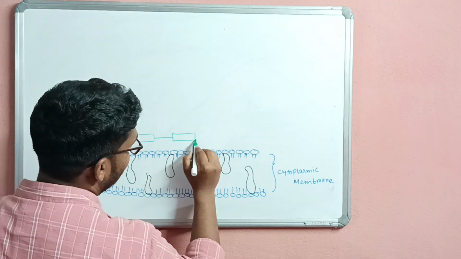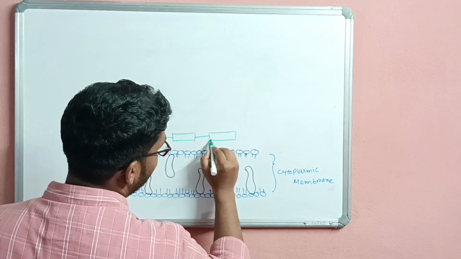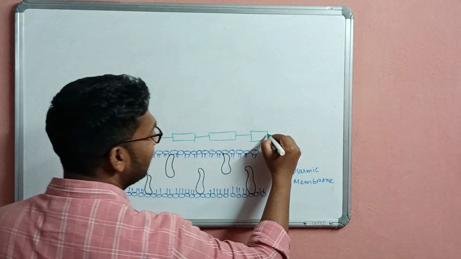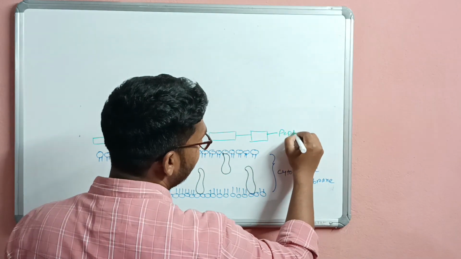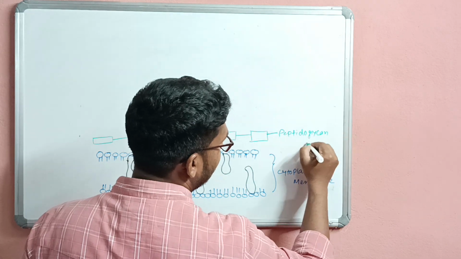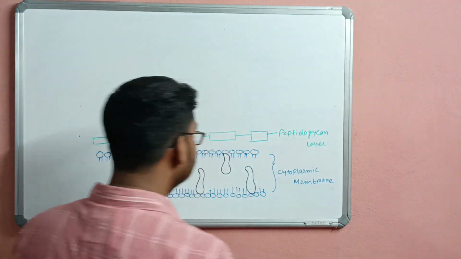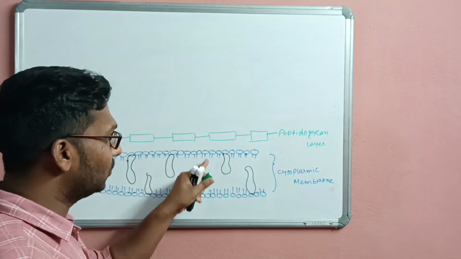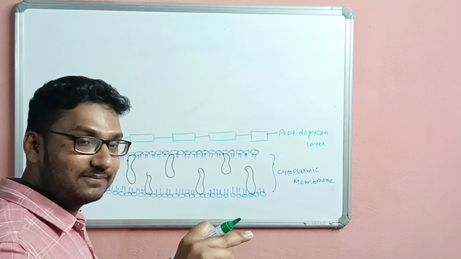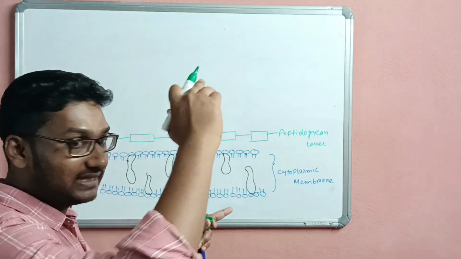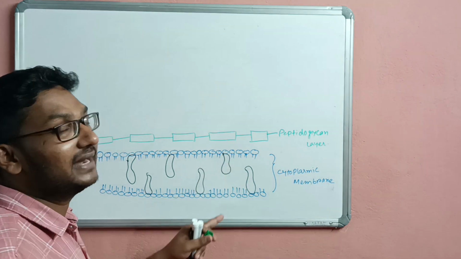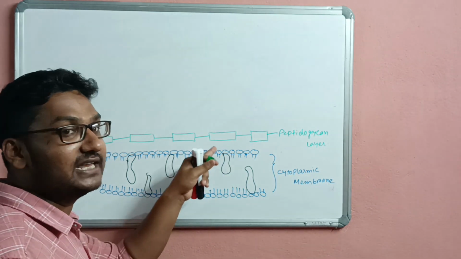Suppose this one is the peptidoglycan layer. It is not closely attached. In gram-positive bacteria, we see the peptidoglycan layer is thicker and closely attached to the cytoplasmic membrane. But in gram-negative bacteria, it is not closely attached.